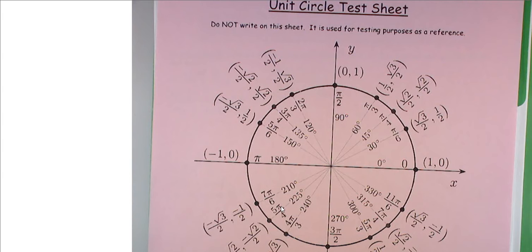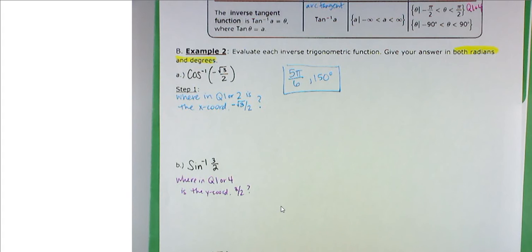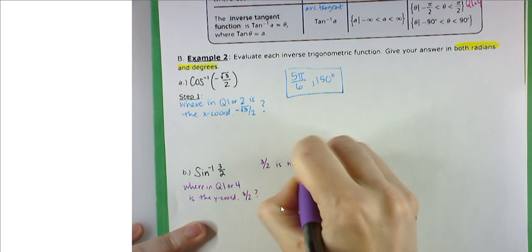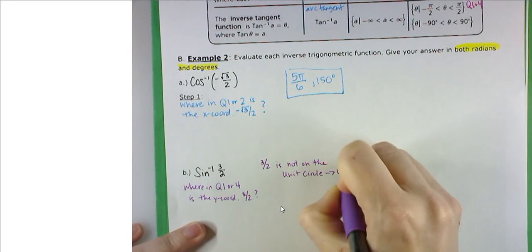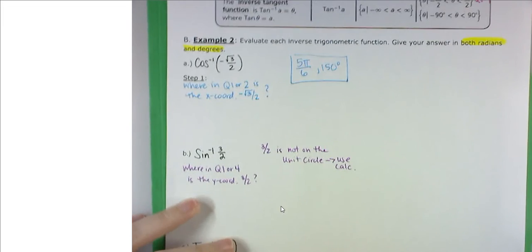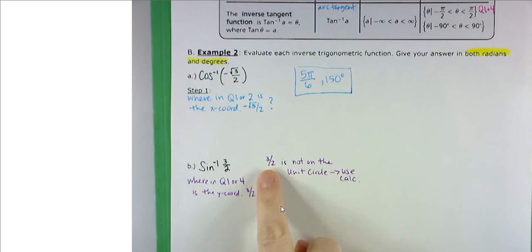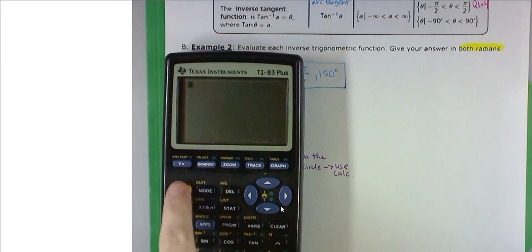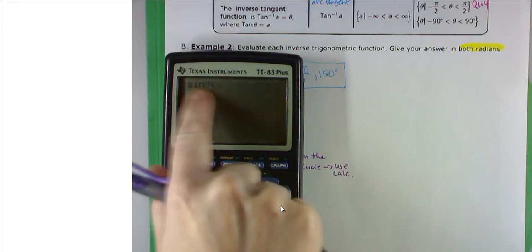So you can use your calculator to evaluate. Something is going to happen here. We'll do second and then sine inverse, and it's okay that it's not capitalized. And then 3 over 2. Now it says there's a domain error. So let's go back up to where we were talking about the domain. Remember, for the sine, you can only plug in values between negative 1 and 1. 3 over 2 is greater than 1, which means it is not in the domain.